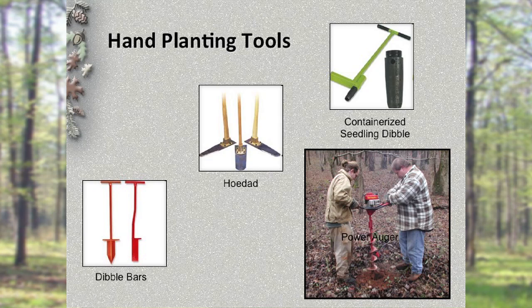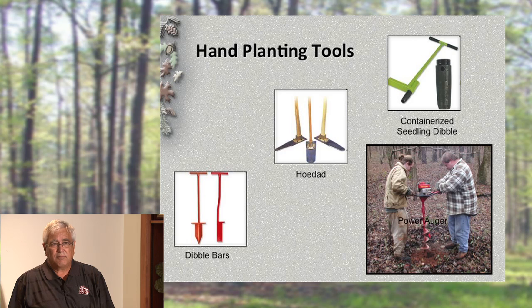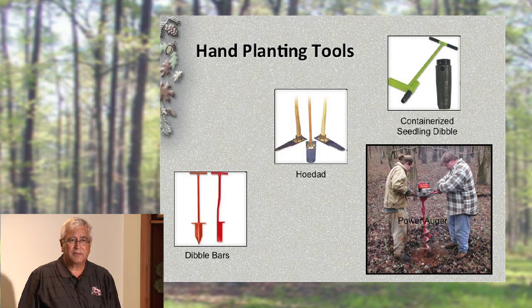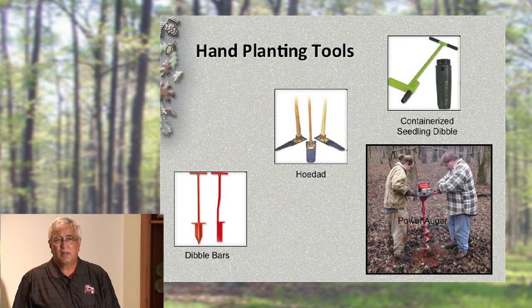This will sometimes encourage J rooting, but if used correctly, it can be planted without the J rooting. The picture on the top left-hand corner shows a containerized tree and the type of dibble that you might use with it, but this is based upon the size of the container that you use.